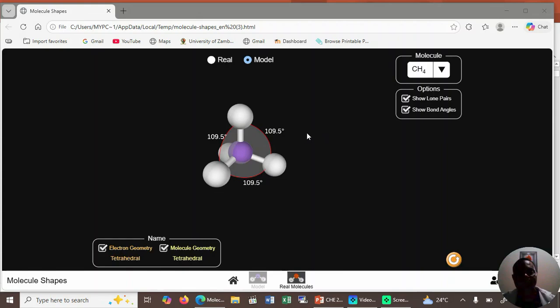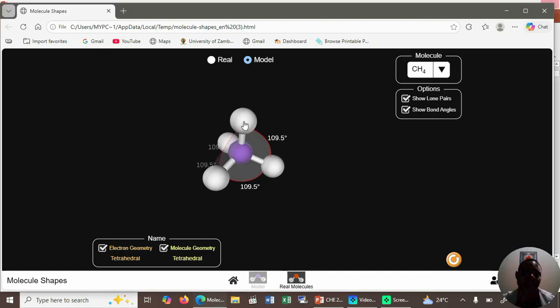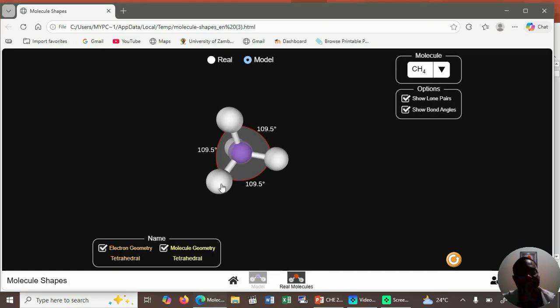All right, so this is our methane, the one that we drew. This one is in 3D because we are able to see how the atoms are arranged in space, the orientation of atoms in space, how they are bonded. When we look at this molecule, we are able to see that hydrogen projecting behind.